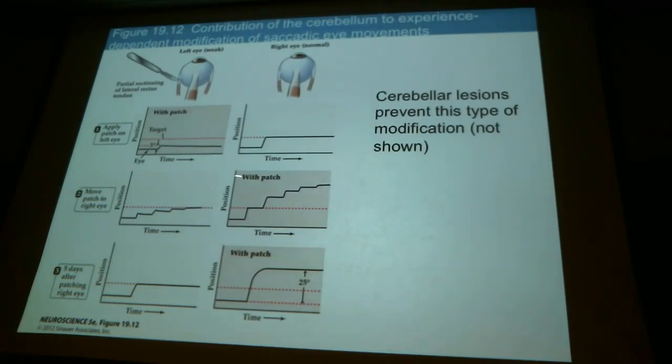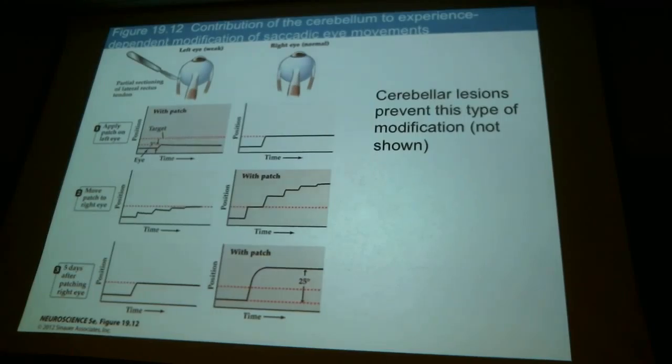And so over time, okay, 5 days after you've been patching and you've been making these corrections, your cerebellum has been rewired so that now instead of having to make these little small corrective motions, it just goes directly to the right spot. So it's like cranked up the signal to send your left eye to the correct spot. And you patched over the right eye, so you don't know that your right eye is overshooting.